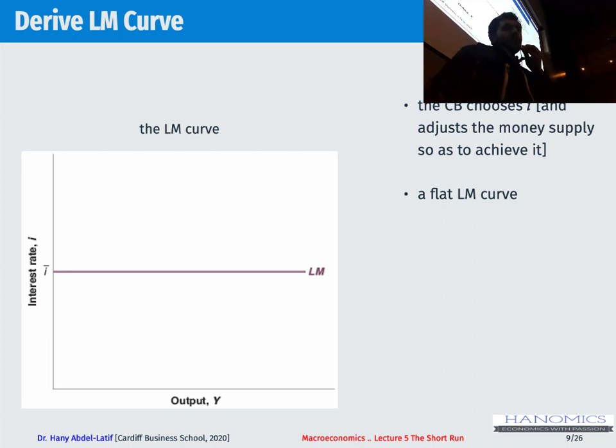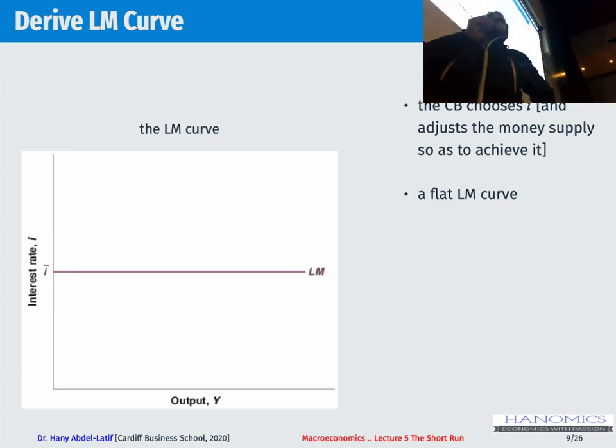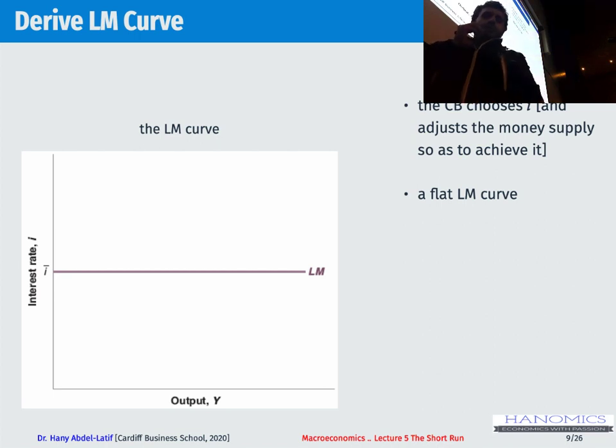So this is why you see the LM curve as a horizontal line. Again, this is more realistic because the central banks choose the interest rate level and then they adjust the money supply to achieve that level. So that's why we have the LM curve as a horizontal line.